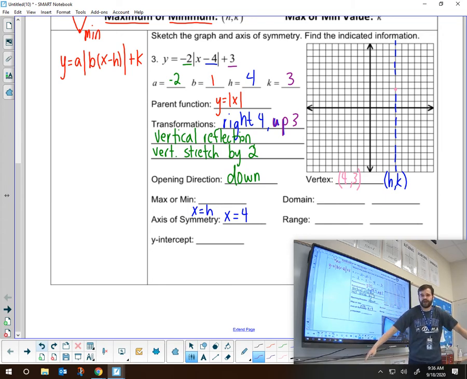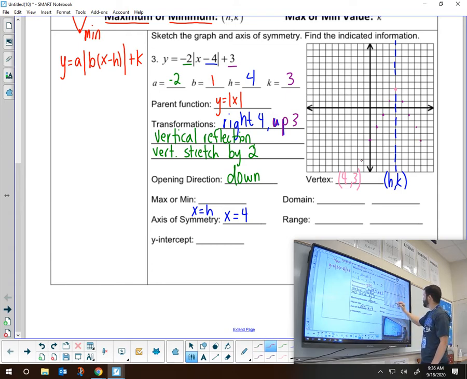So it's opening downwards, but we're also stretching it vertical. We're making it skinnier. In other words, my slope is going to be -2. And so we're going to go down 2 over 1, down 2 over 1, down 2 over 1, down 2 over 1. So it's going to look like this as we go down.